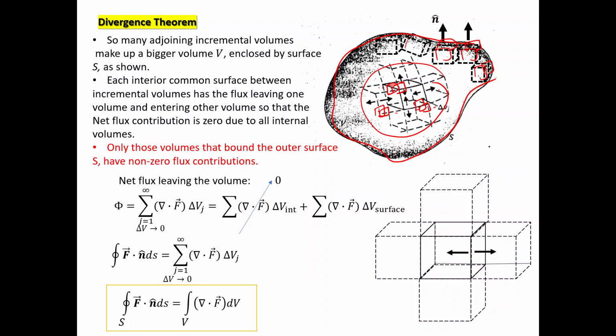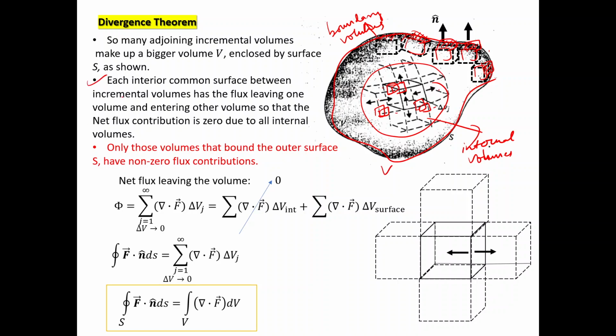One of the faces of these volumes is actually making up the surface S. So there are internal volumes and the boundary volumes, and all these infinitesimal volumes make up this bigger volume V.